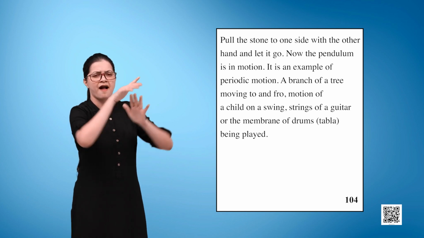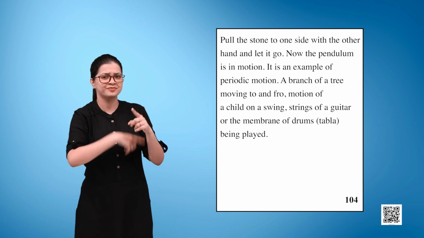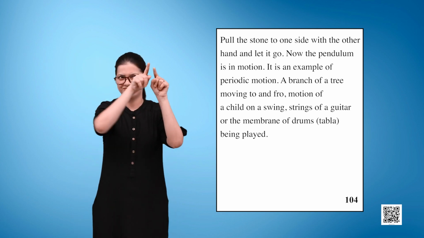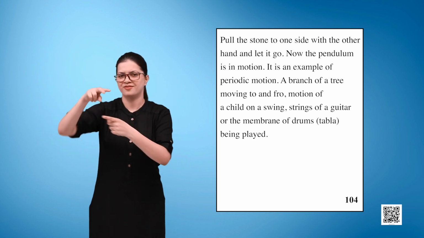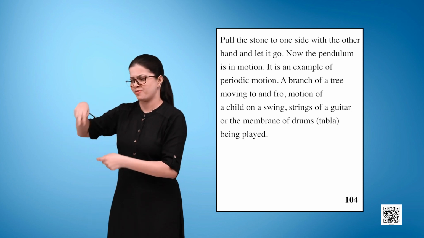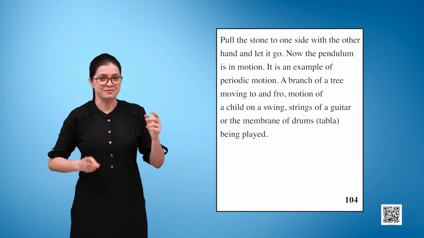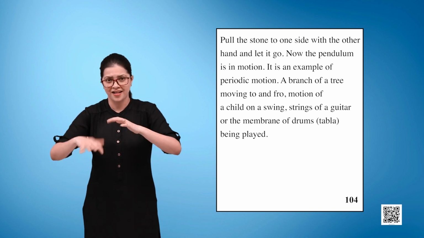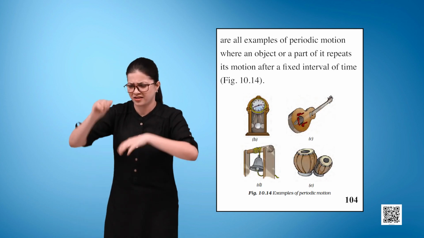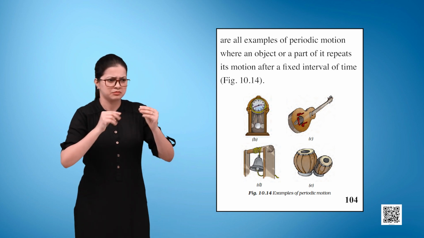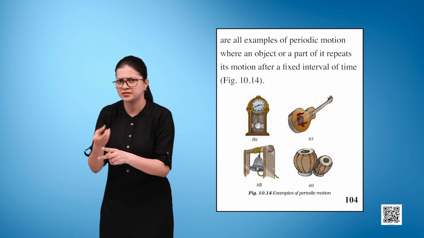A branch of a tree moving to and fro. Motion of a child on a swing. Strings of a guitar or the membrane of drums, tabla, being played, are all examples of periodic motion where an object or a part of it repeats its motion after a fixed interval of time.